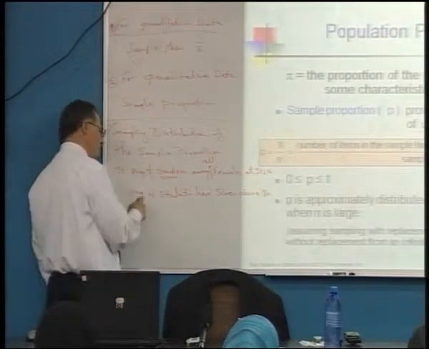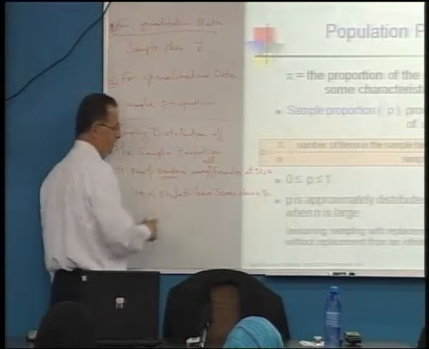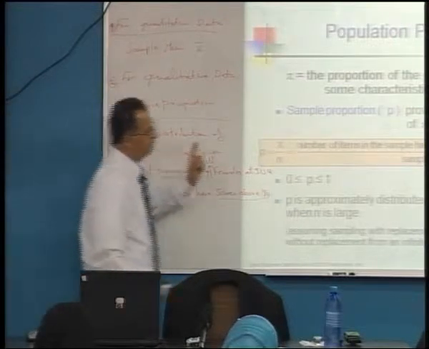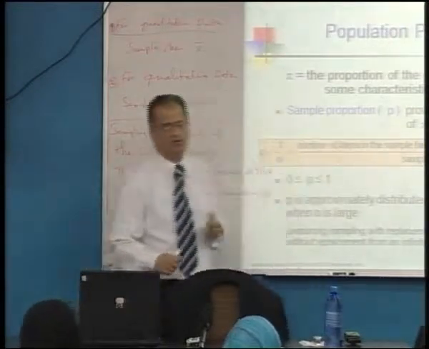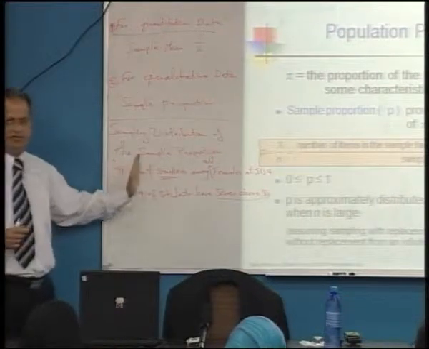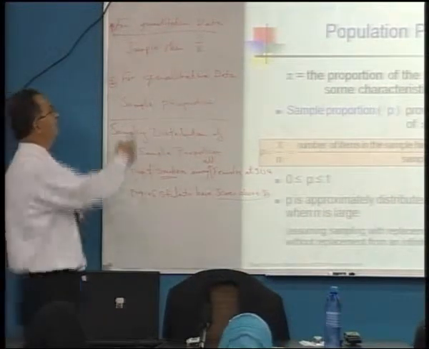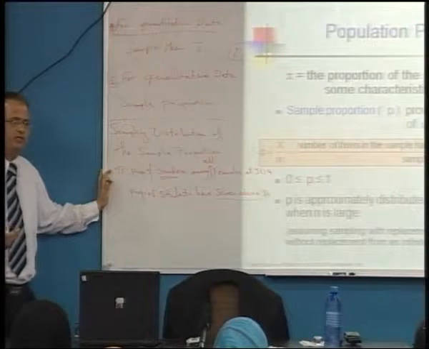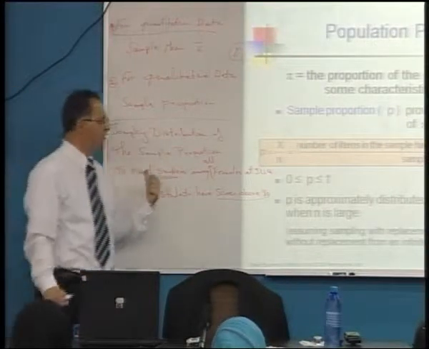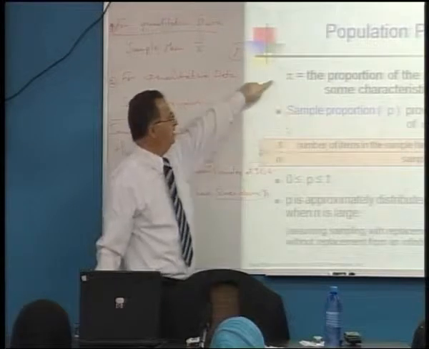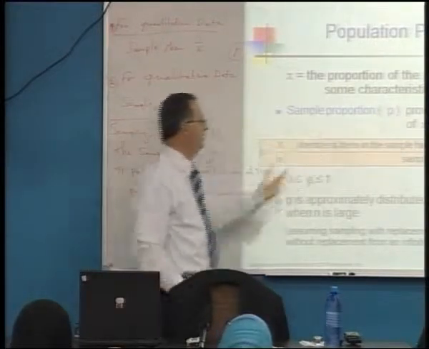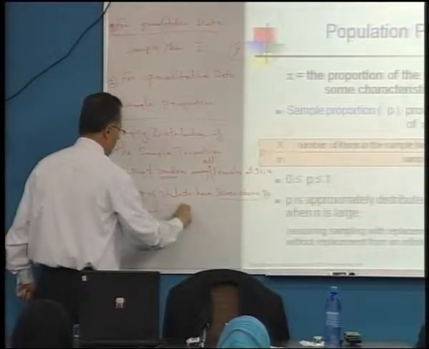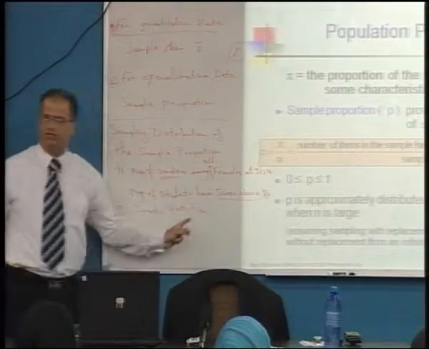Here your characteristic is scores above 80. Sample proportion provides an estimate of pi, because generally speaking, pi is not given or is unknown. Similar to mu, the population mean, which is always not known, and we are interested in estimating it. In this case, the point estimate of pi is p. So p is the sample proportion, which is the point estimate of pi.